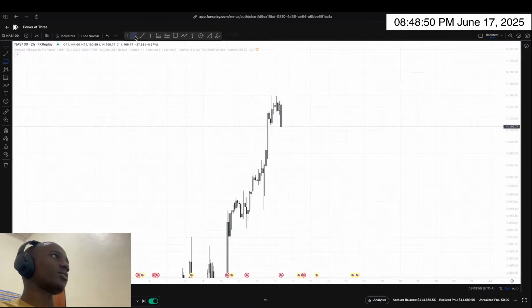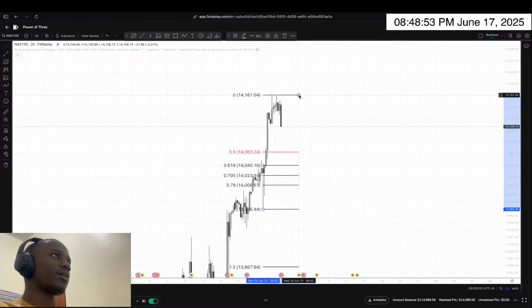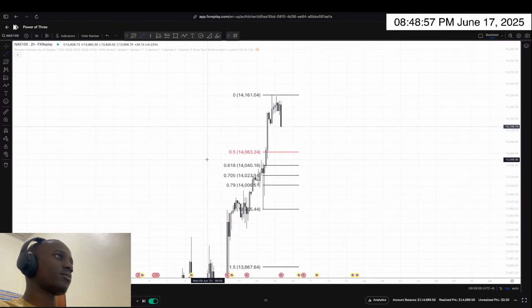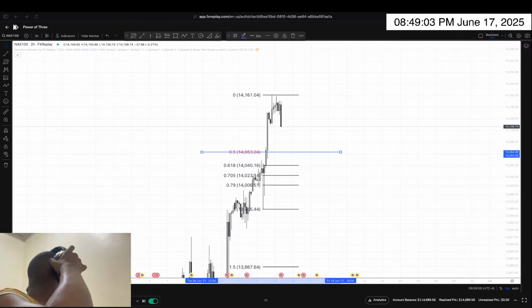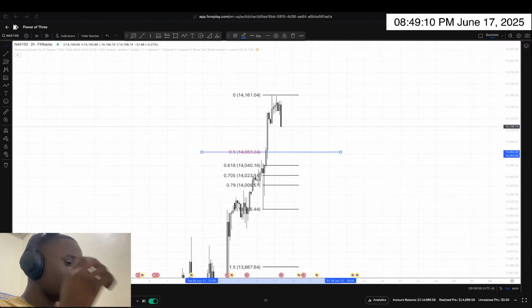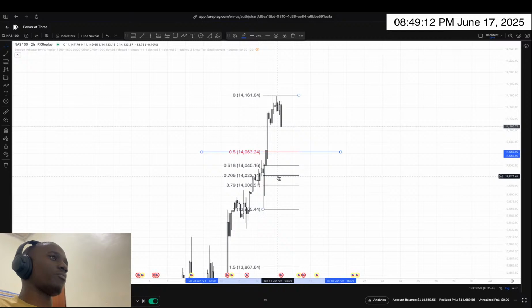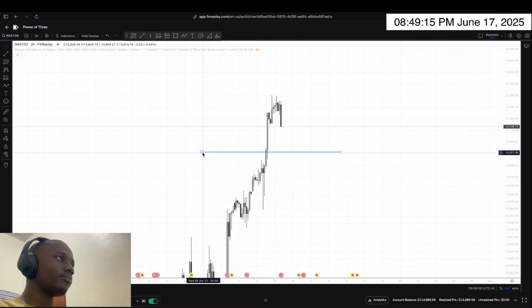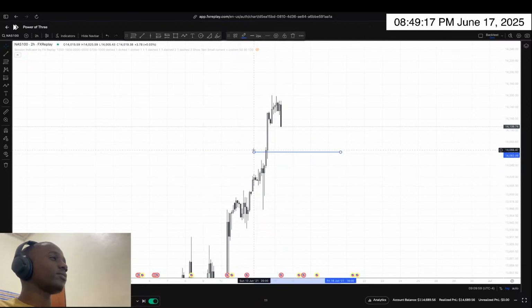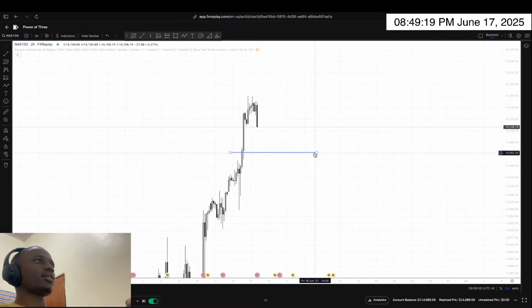Now I need to see from this low to this high, equilibrium's there, right here. And so far we can see that equilibrium is here, which means this will be our target as long as we continue to drop.